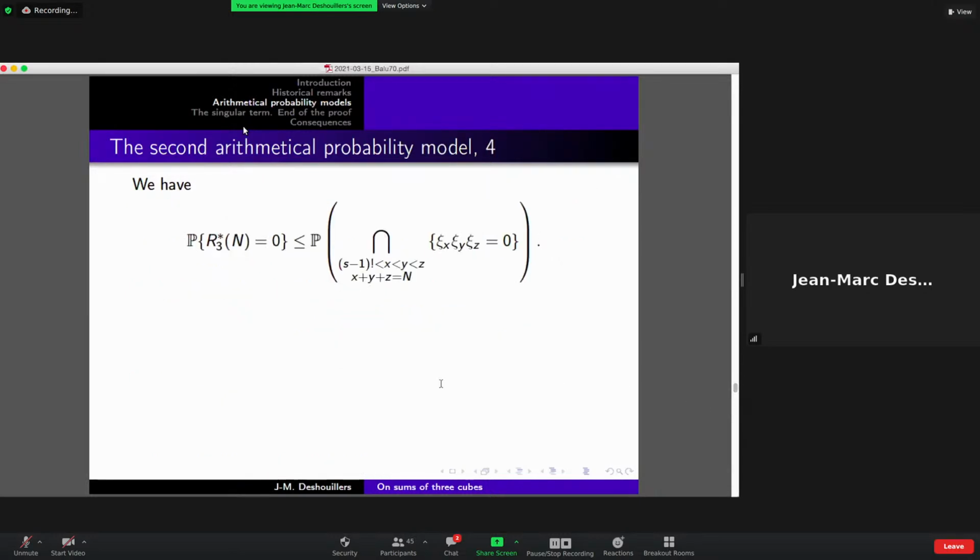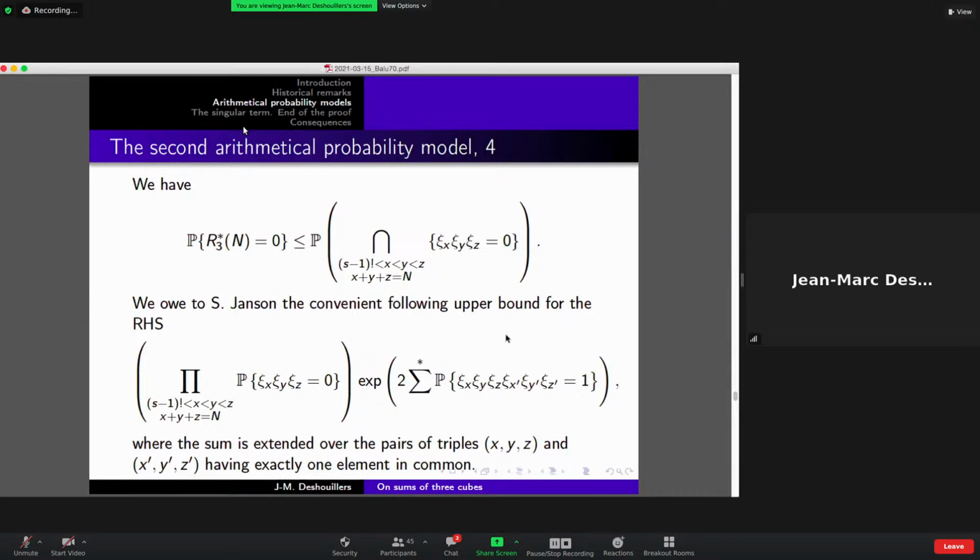So this probability is at most the probability of the intersection of those for which psi x, psi y, psi z is equal to 0. You say if this representation is 0, that is to say that nobody has a representation of n.